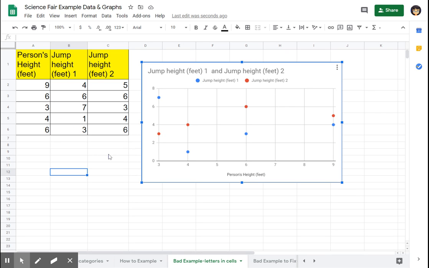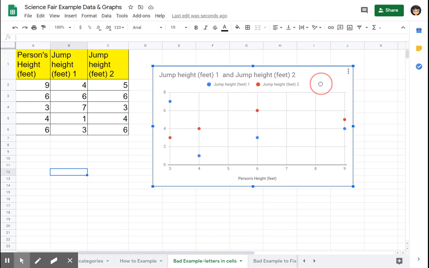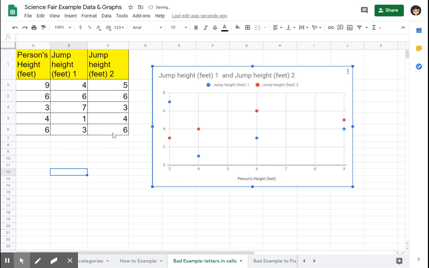So that's not great, but that's how it is sometimes when it shows up. There might be a different way you would want to show that since these people are the exact same height. But that's something that can go wrong: if there are letters in your data, that will mess it up unless they're categorical data. Okay?